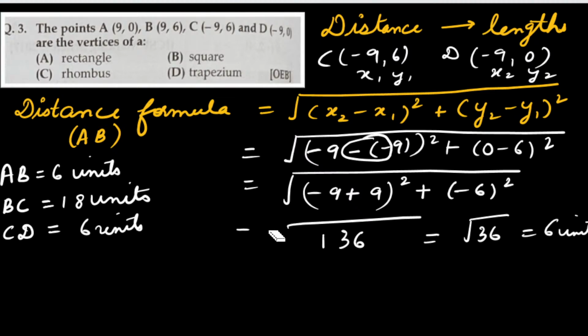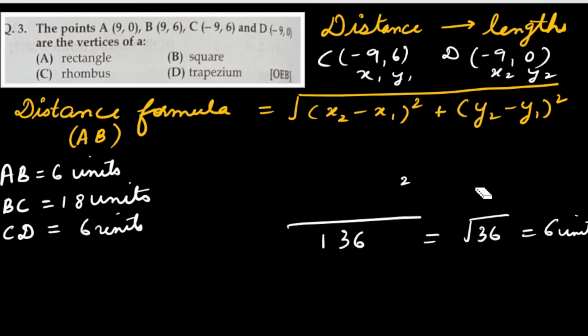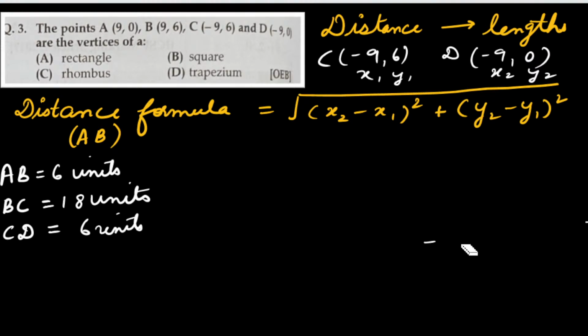Now let's find one more distance, DA or AD. I'll be using the coordinates of points A and D. So (9, 0) I'll write as (x1, y1) and (-9, 0) as (x2, y2).